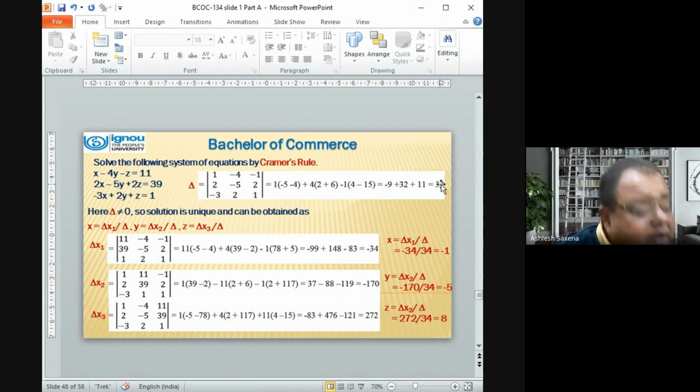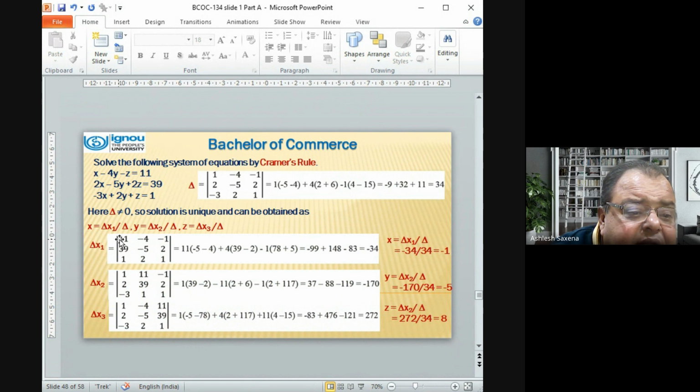Now, that means delta is not equal to 0. Then we can apply the formula. x is equal to delta x1 upon delta, y is equal to delta x2 upon delta, z is equal to delta x3 upon delta. So delta x1 will be, we will be replacing column 1 by 11, minus 39, 1.